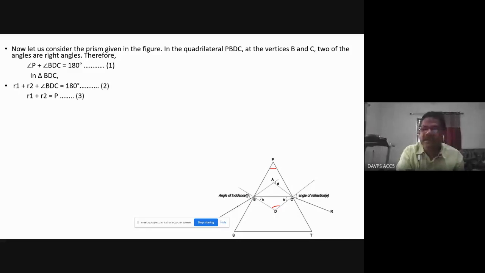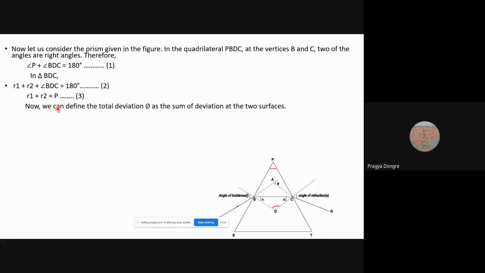This plus this equals 180, and these three are 180. Automatically R1 plus R2 equals P. Clear? No problem? Next.